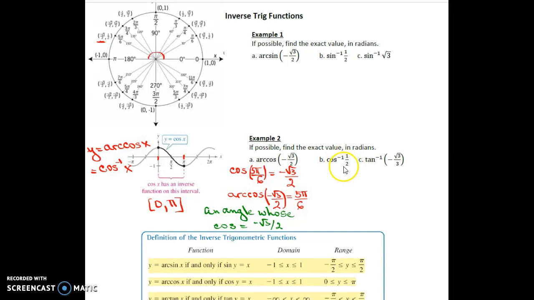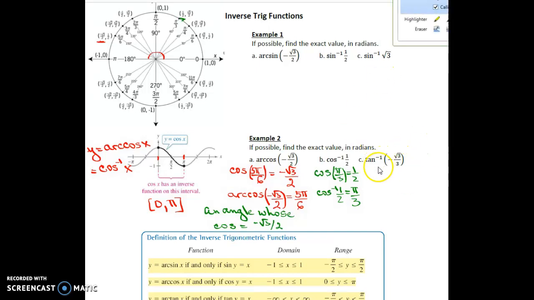What is the angle that has cosine of 1/2? Well, since the cosine of pi over 3 is equal to 1/2, then cosine inverse of 1/2 is equal to pi over 3.